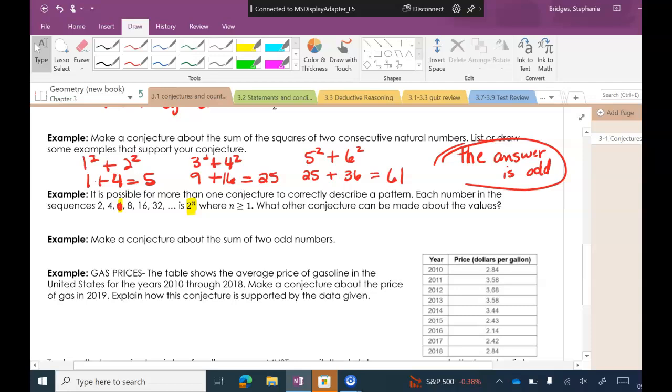Do it at least 3 times, and then you can make a conjecture from there. Make a conjecture about the sum of 2 odd numbers.